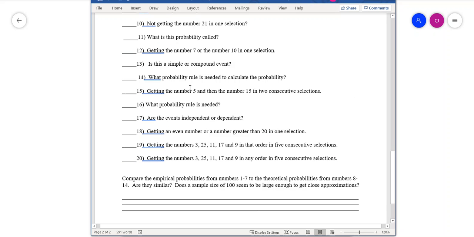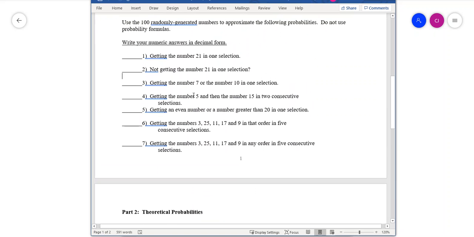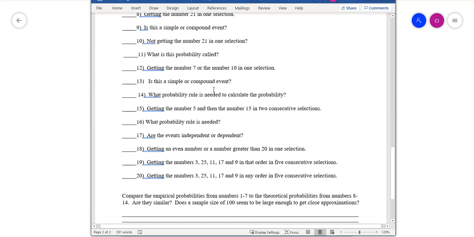Getting the numbers 5 and then the number 15. We did that up here. That means 2 in a row, 2 right beside each other. How would you do that with a formula? Again, we talked about the addition rule, the multiplication rule, what "and" means, and so on.